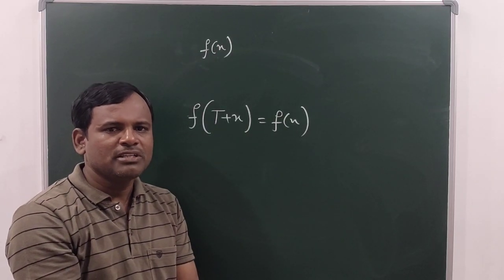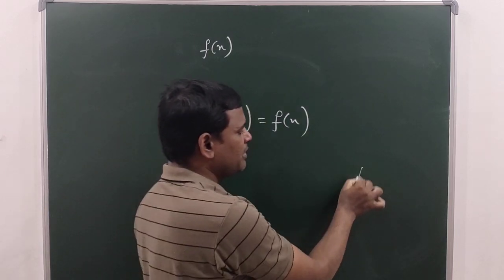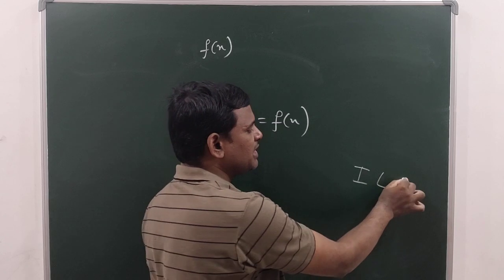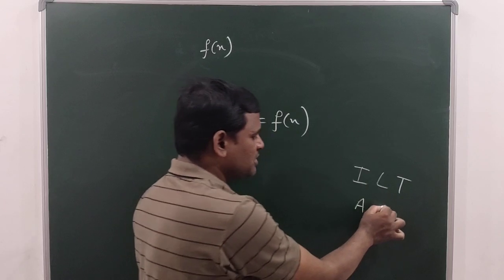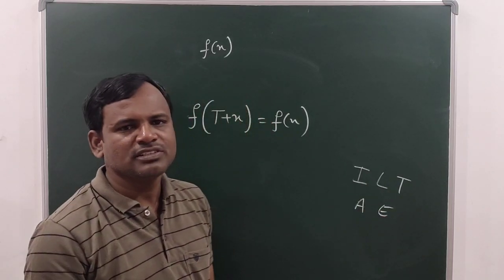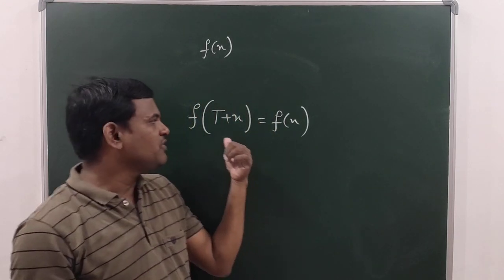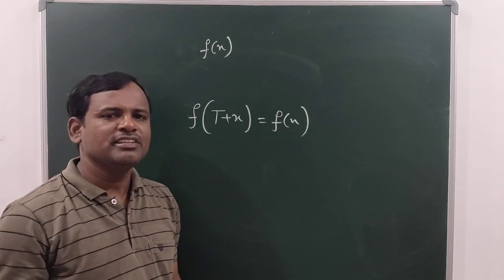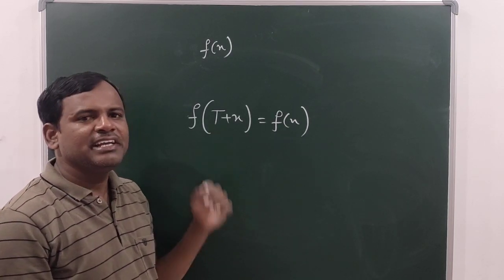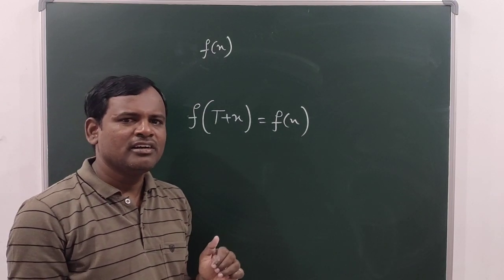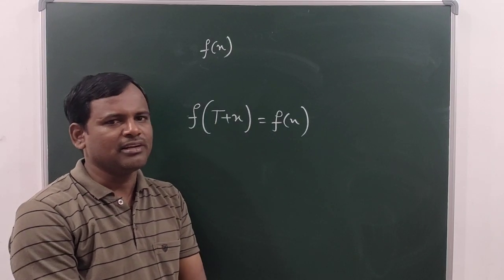In mathematics we have infinitely many functions, for example, inverse functions, logarithmic functions, trigonometric functions, algebraic functions, exponential functions, composite functions, and many more. So if a function satisfies f of t plus x equal to f of x, then that function is known as a periodic function, where t is called the period of the function and t should be the least positive real.